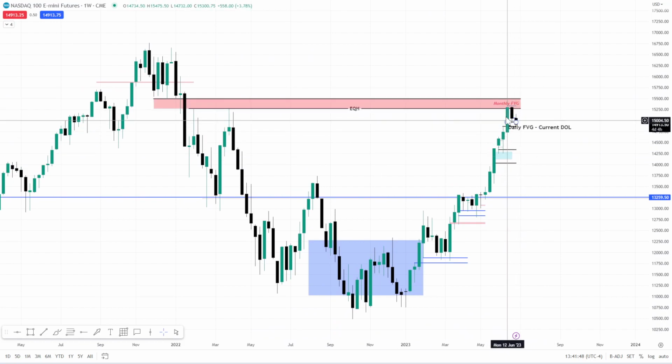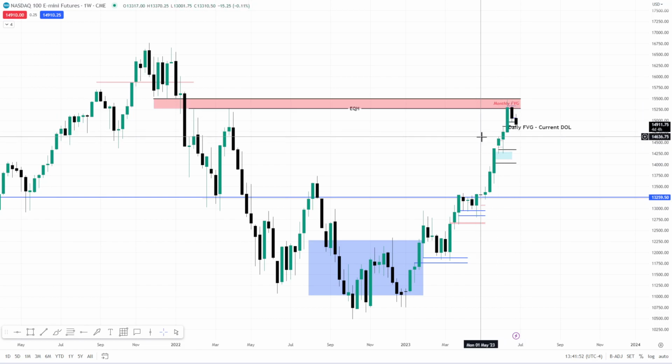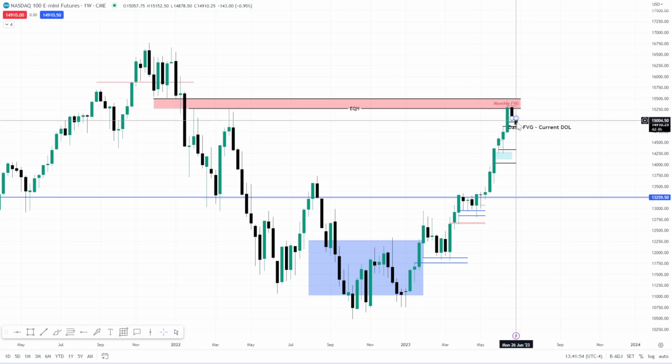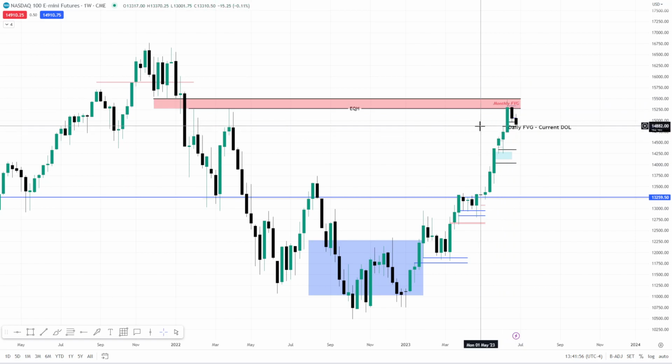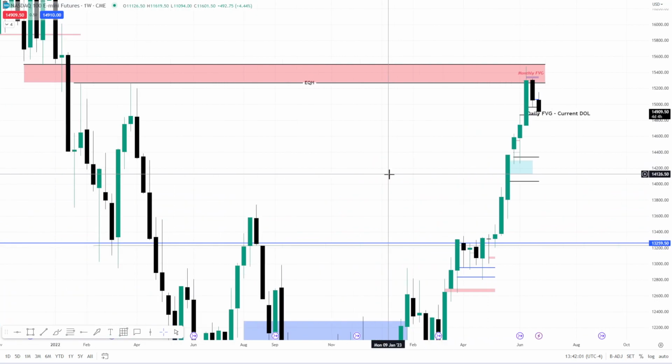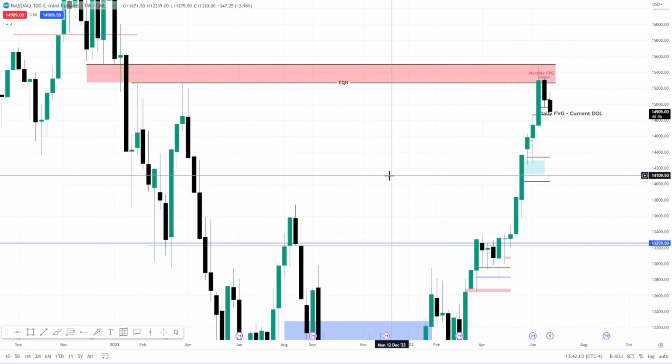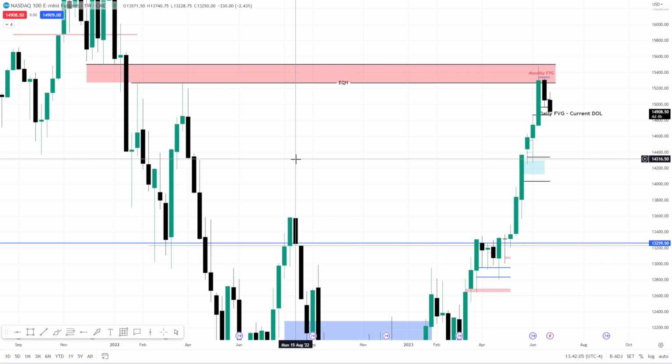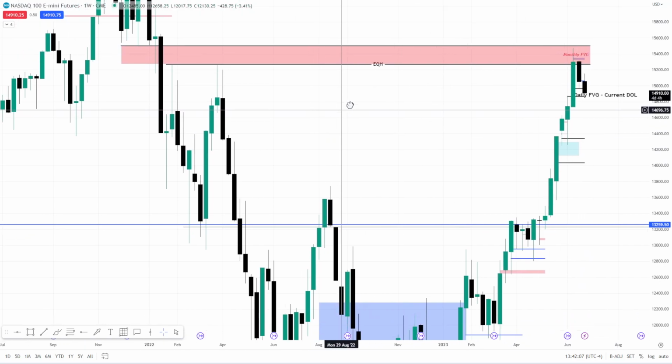This week, we haven't even broken this week yet, and we're getting into the second week, and this is a weekly candle. So that's not necessarily showing a major rejection from this area.